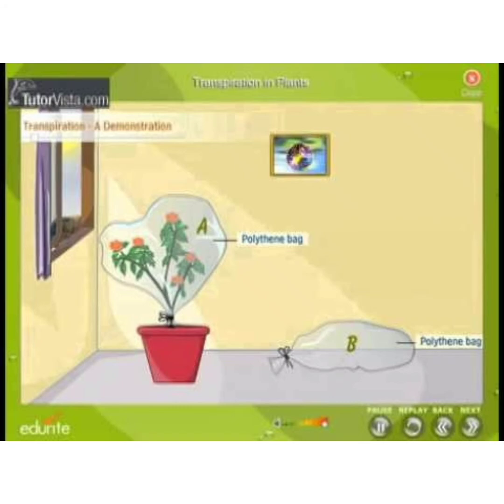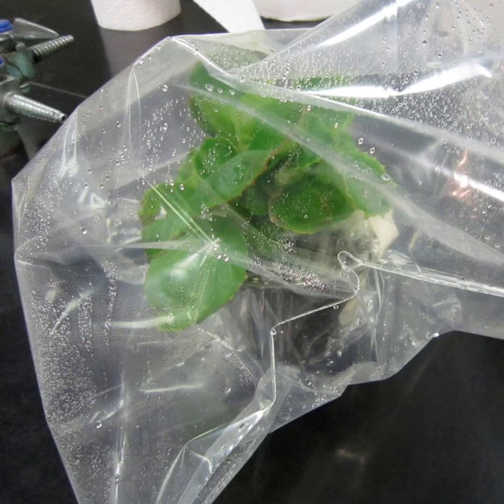After a few hours, if we observe the inner surfaces of the bags, plants release excess water in their body through stomata and some other parts as well. This process of releasing water in the form of water vapor by leaves is called transpiration.